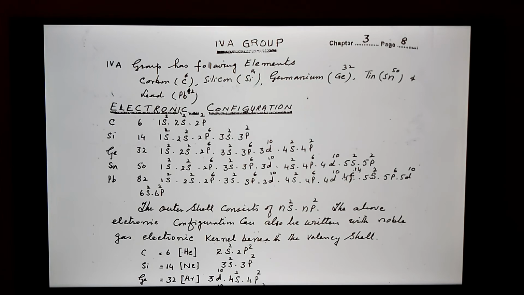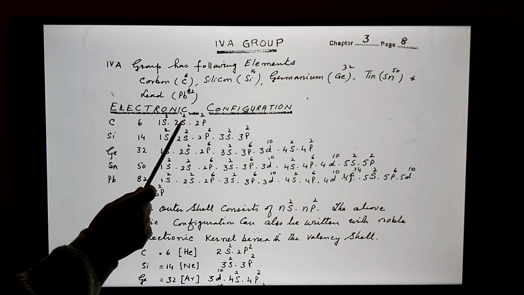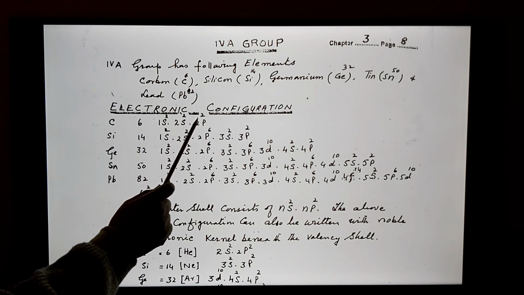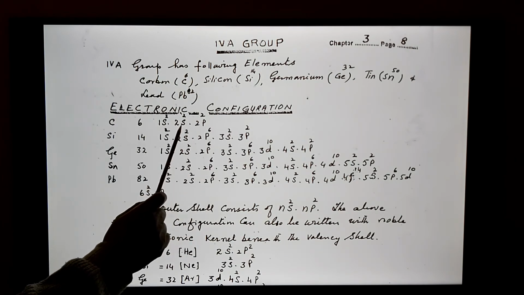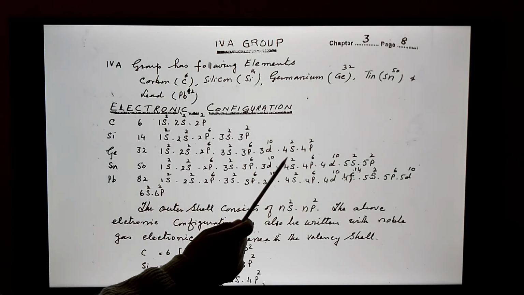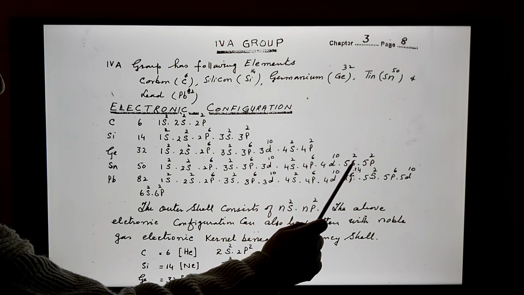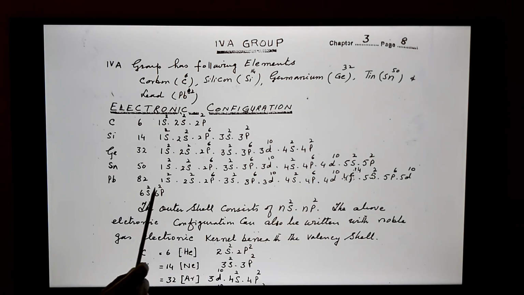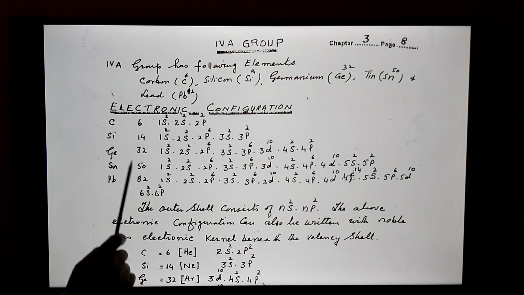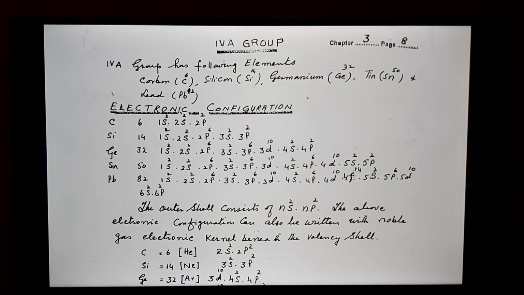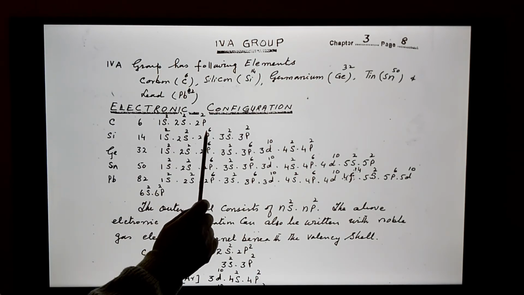The outermost valence shell has 2 electrons in the s and 2 in the p orbital, in all of them. Only the principal quantum number will change. So this is the electronic configuration. Carbon: 1s2, 2s2, 2p2, so in the outermost shell, 4 electrons.